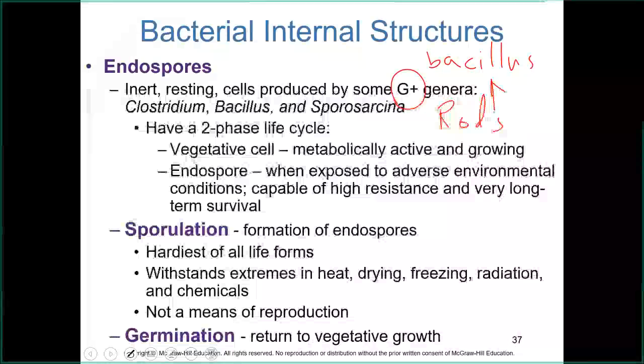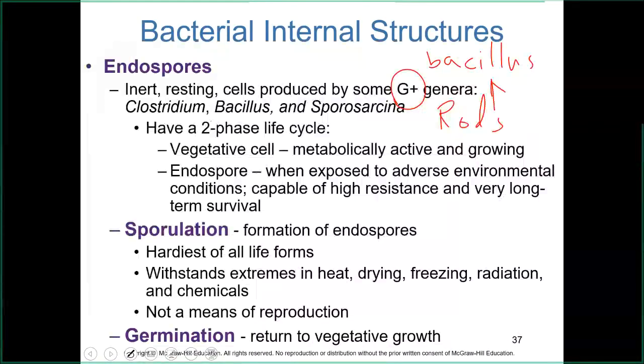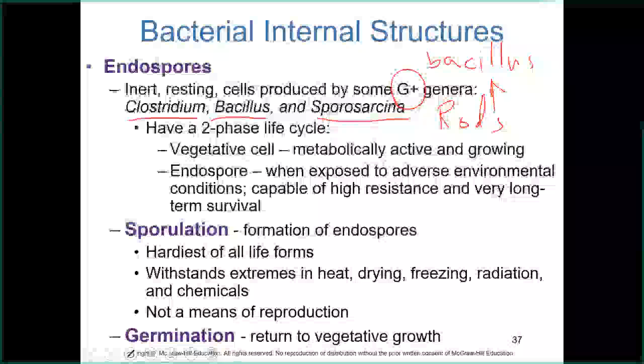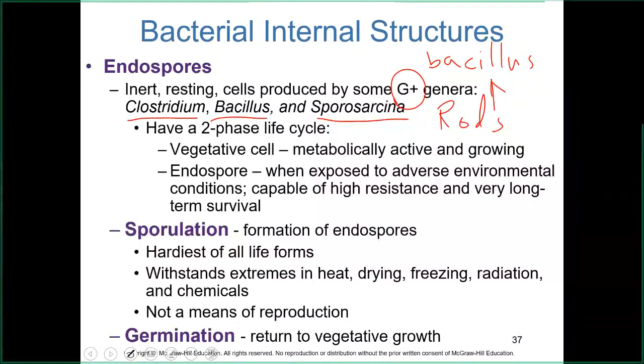And there actually is a genus Bacillus, so named because they are the prototypical, the classic rod-shaped bacteria. These other genera here, Clostridium and Sporosarcina, among others, are also all rod-shaped, and they're gram-positive, and they're capable of undergoing changes to become endospores.